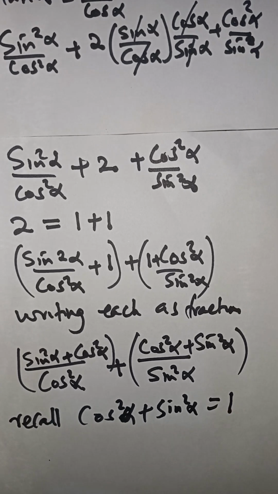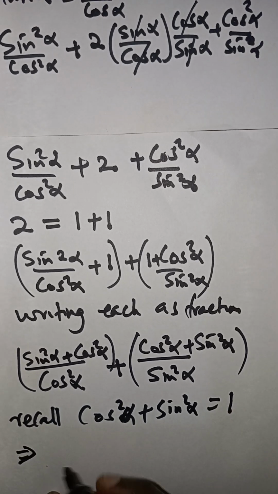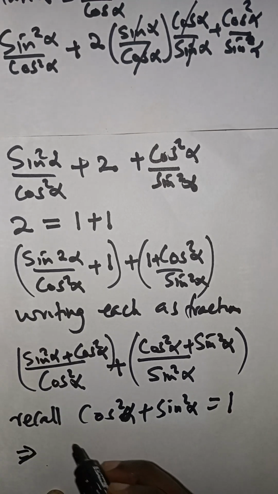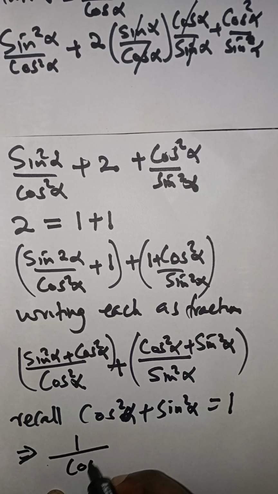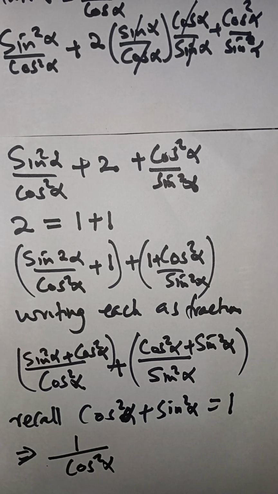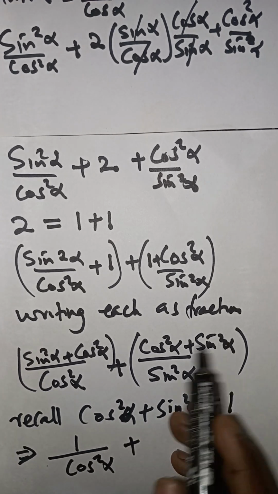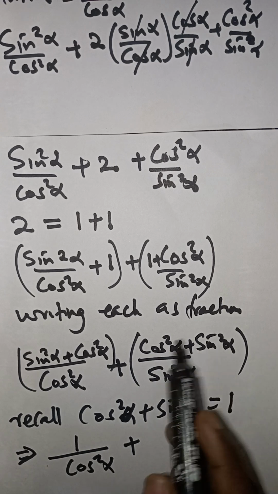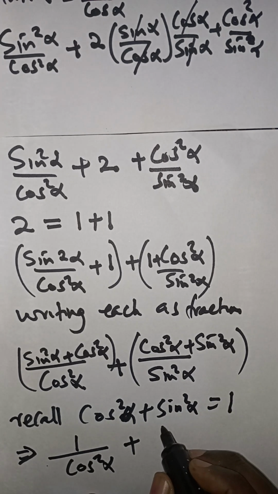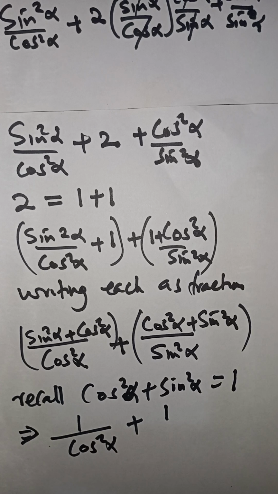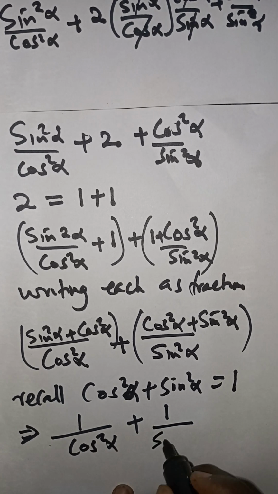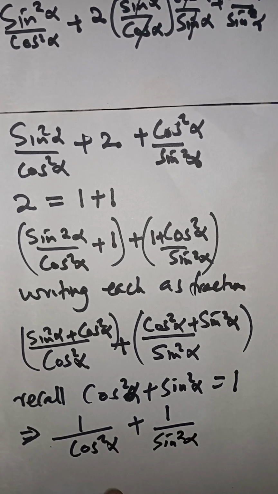Then my equation now changes to 1 over cos squared alpha plus, on the other side, this is also 1, so 1 over sine squared alpha.